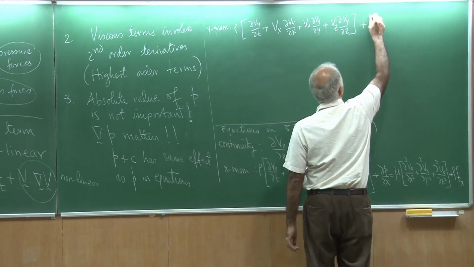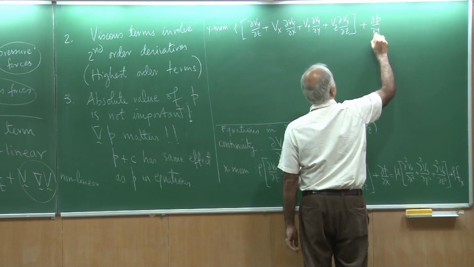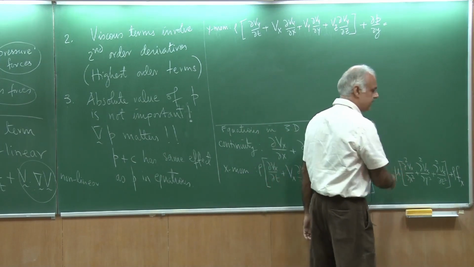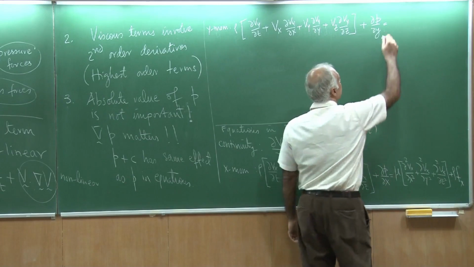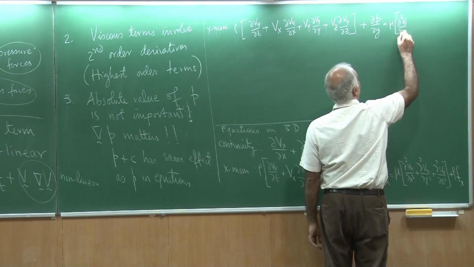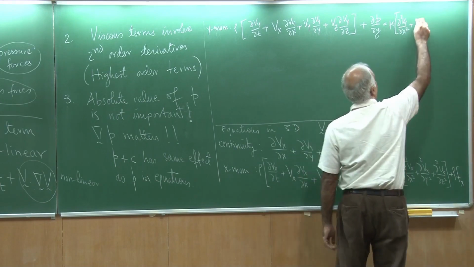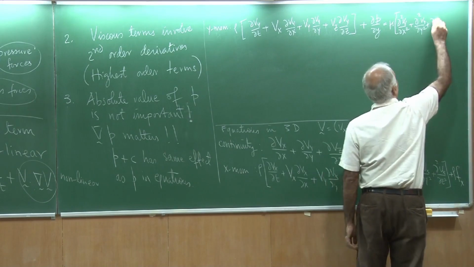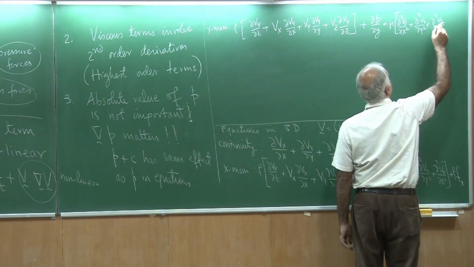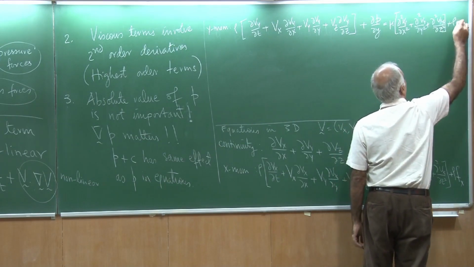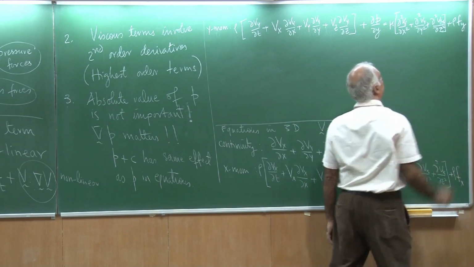Then a pressure gradient in the y direction, and the next term would be the Laplacian of the y component of velocity, so that would be mu times del square Vy by del x square plus del square Vy by del y square plus del square Vy by del z square, and the body force, which is rho Fy.